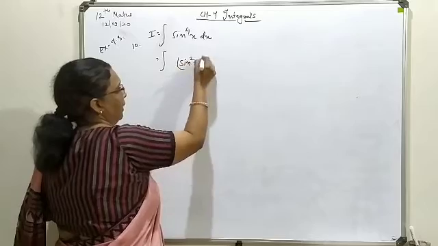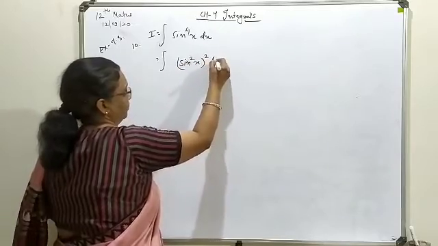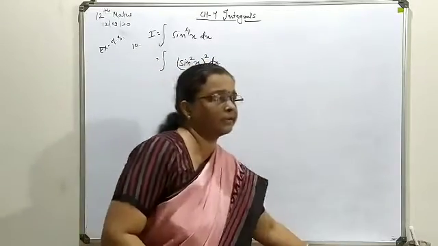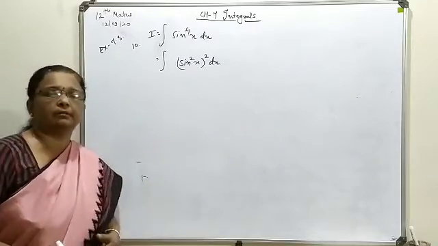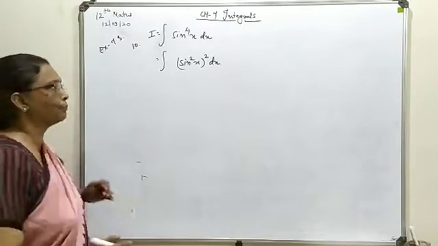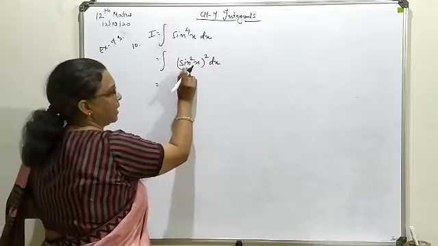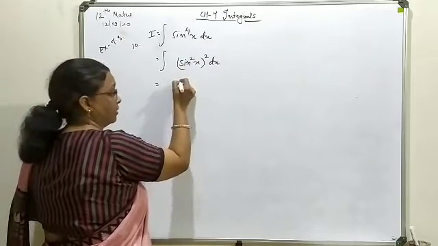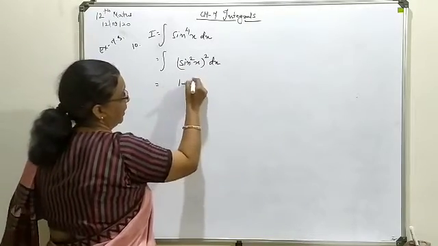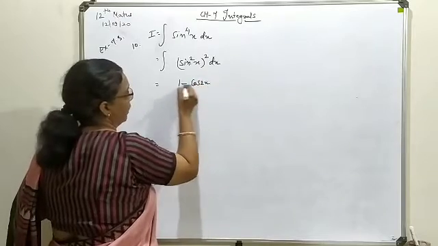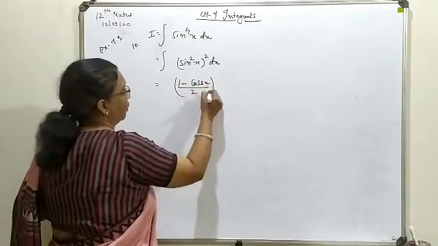This way you make it split first: sin square with whole square. If it is available with cos square, the same way it can be done. Now this sin square x we will first write in the form of cos. So 1 minus cos of 2x upon 2, whole square.